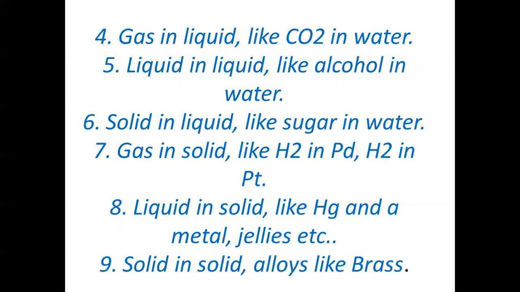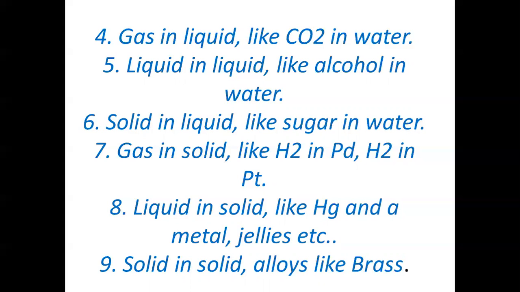Next is gas in solid. In the next three types, we have the solvent as solid, whereas the solute is again either gas, liquid, or solid. Gas in solid, like hydrogen gas in palladium metal, or H2 in Pt, that is platinum. Liquid in solid, like Hg in a metal, or jellies.